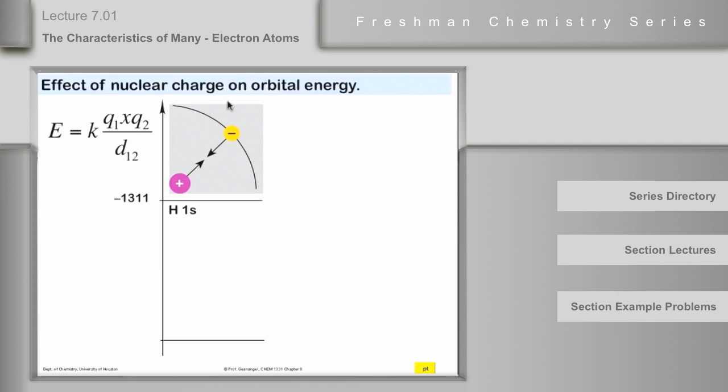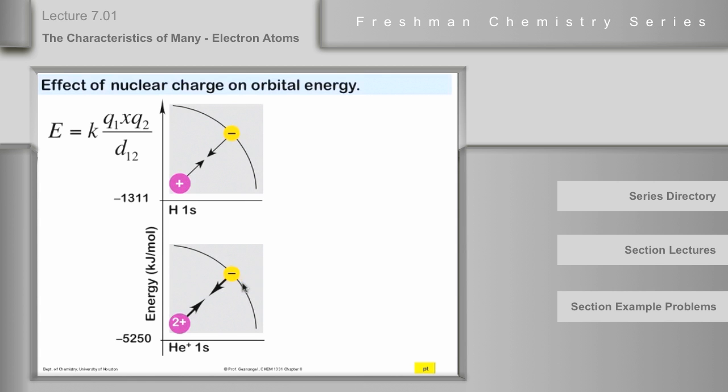The nuclear charge is pretty straightforward. That's the Q1. Okay? That's Q1 over here. And if D is the same, then the energy will be influenced directly instead of inversely by the distance. It'll be influenced directly by Q1. So if we look at the hydrogen atom, where the charge in the nucleus is a single positive charge, and compare that to helium plus, where there's only one electron, but there are two protons in the nucleus, we now see we've doubled Q1, and these electrons are both in 1s.